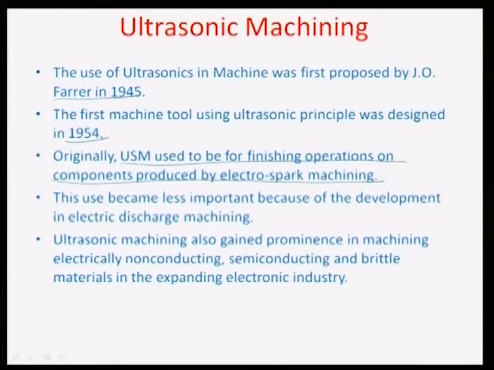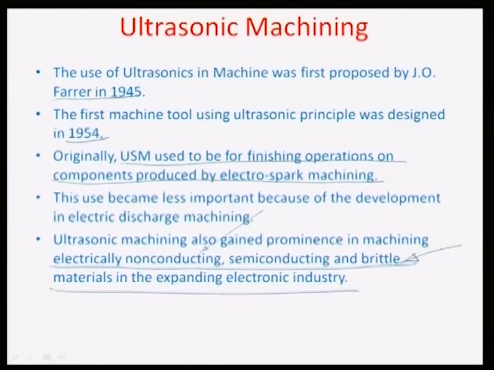Ultrasonic machining also gained prominence in electrically non-conducting or sometimes even semi-conducting and brittle materials in the electronic industry, because there were not many methods which could finish or sometimes polish materials which do not have a conducting property.